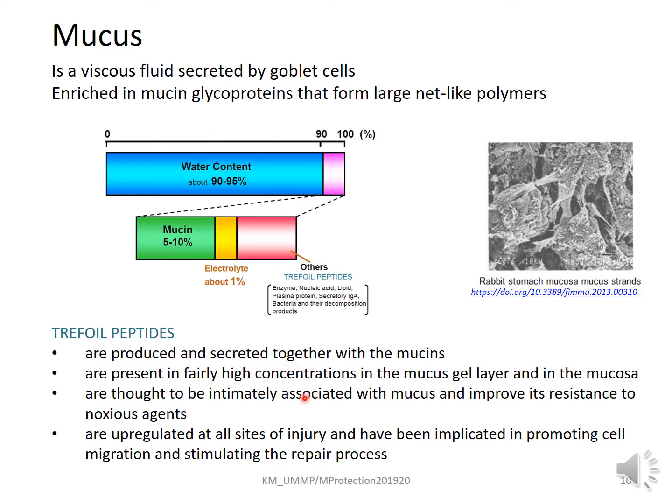The real physiologic role of trefoil peptides is still under investigation, but we think it is associated with mucus and may improve its resistance to noxious agents. The high concentration of trefoil peptides is seen at the site of injury, thus it may be implicated in cell migration and the cell repair process.